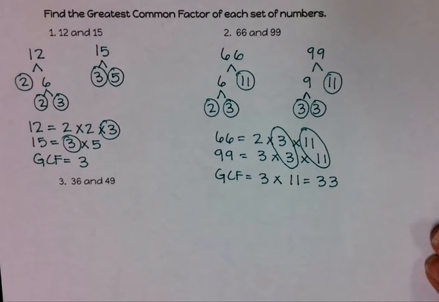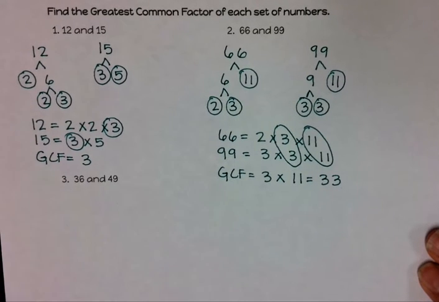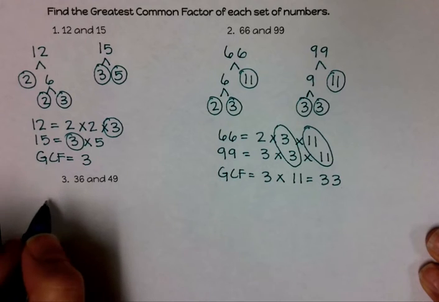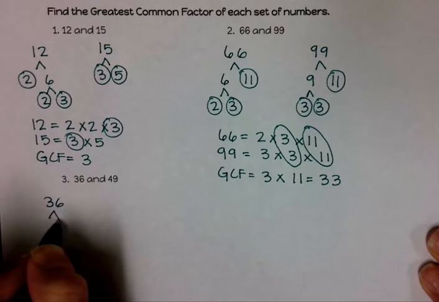All right, last one. We have find the greatest common factor of 36 and 49. Go ahead again and take a minute, create that factor tree.